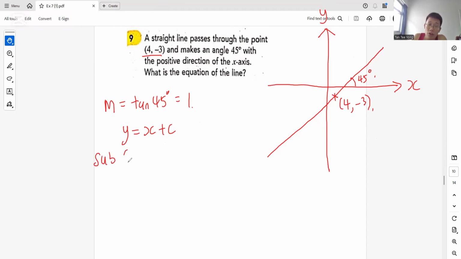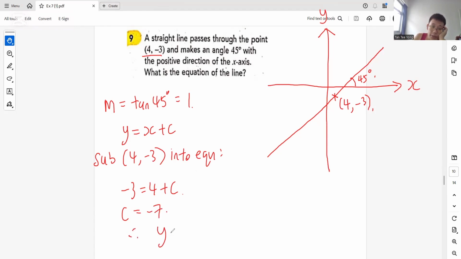Sub the coordinate 4 comma negative 3 into the equation. So we have negative 3 equals to 4 plus c. So c is equals to negative 7. Therefore, our equation is y equals to x minus 7. This is the answer.